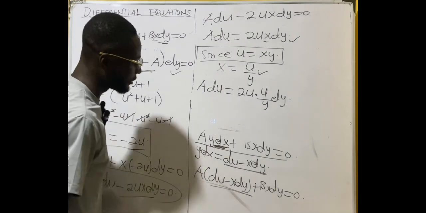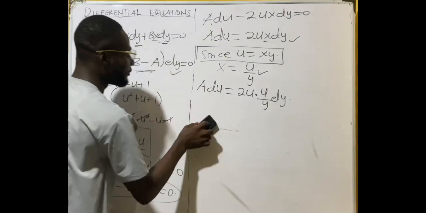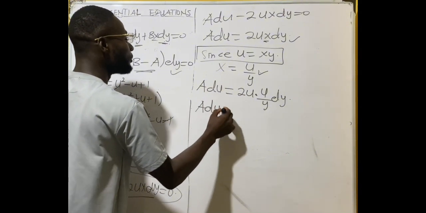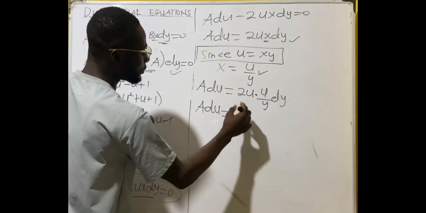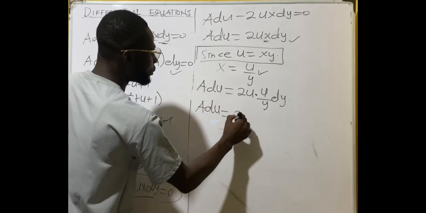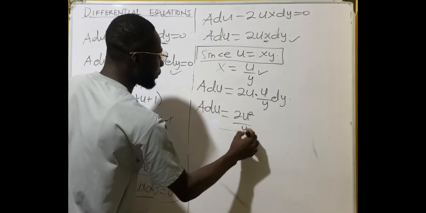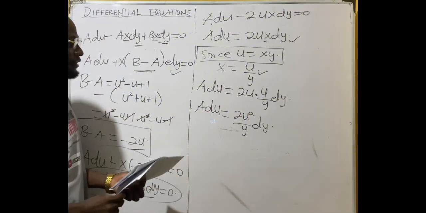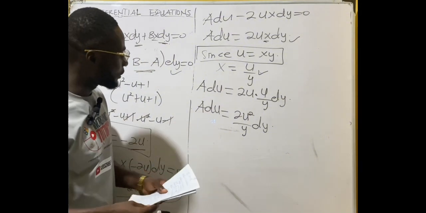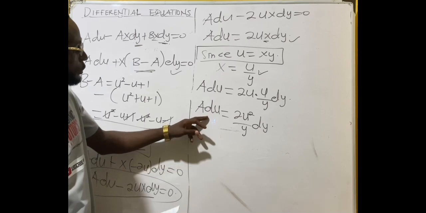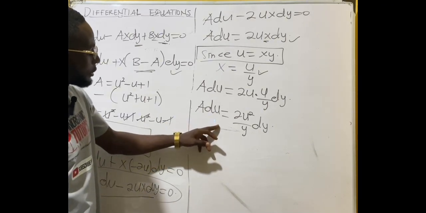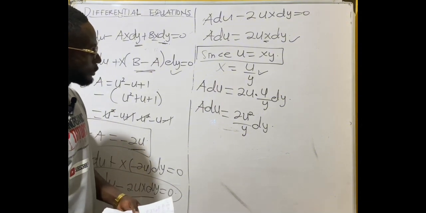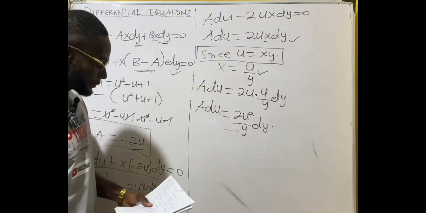So we're going to have a du equal to 2u squared over y dy. Okay, so we have an expression in terms of u and y, right? So what can we do from here?